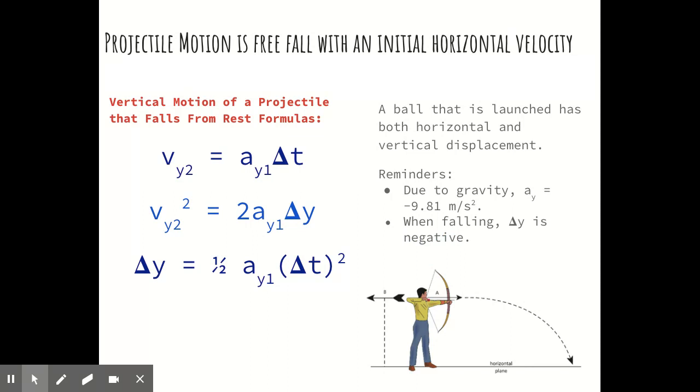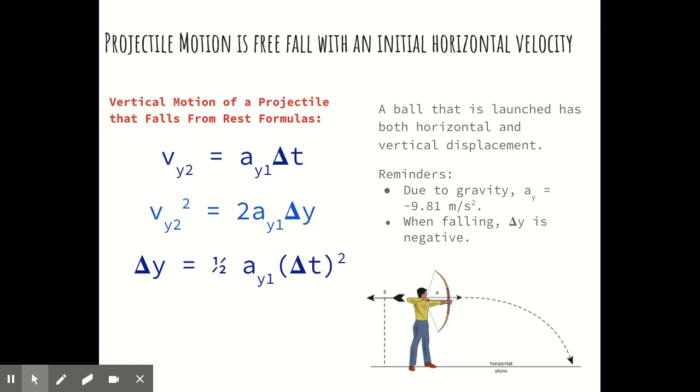Okay, so these formulas here are going to be specifically for projectiles that fall from rest or start at rest. So if I kicked a rock off the side of a cliff and it goes straight down, or you shoot a bow and arrow, it goes straight and then falls. This type of projectile has both horizontal and vertical displacement.